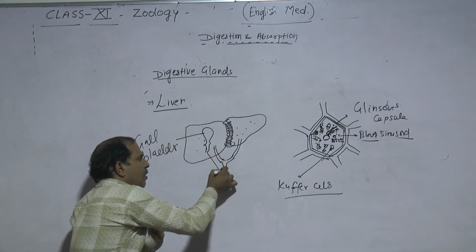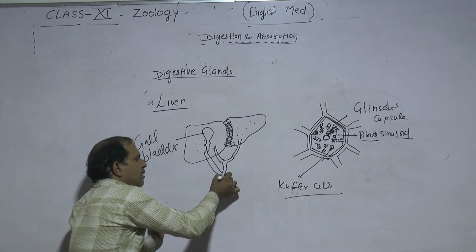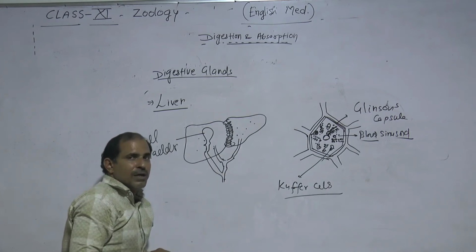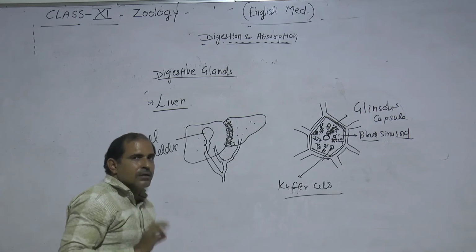And the common hepatic duct and the duct of gallbladder are fused together to form common bile duct.